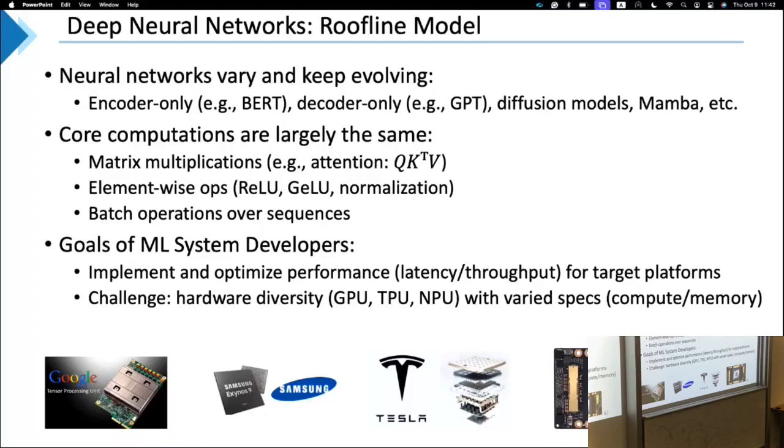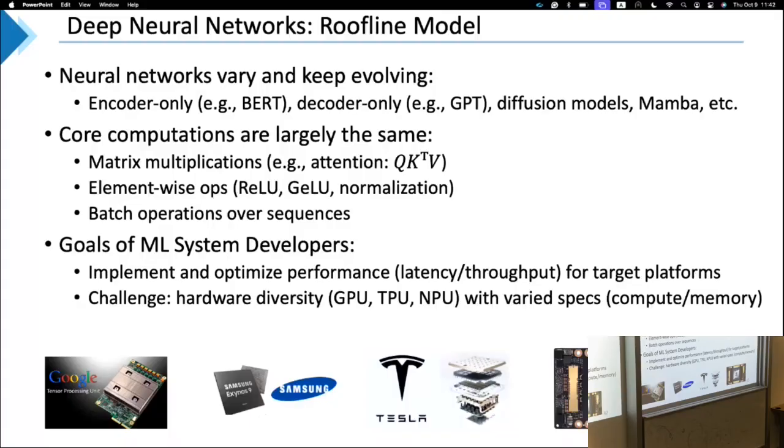However, there's a challenge because, as I mentioned in our last lecture, this is the golden age of computer architecture. There are many hardware options available in the market. Like we have GPU from AMD, Intel, NVIDIA. We have TPU from Google. We have NPU from Samsung, Qualcomm. So they have different specs.